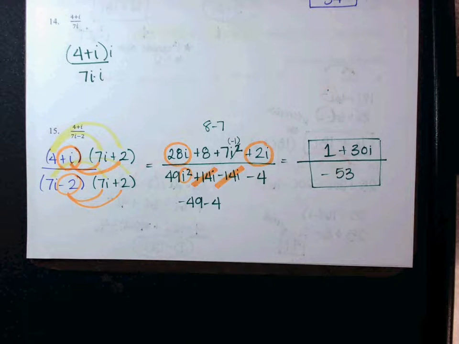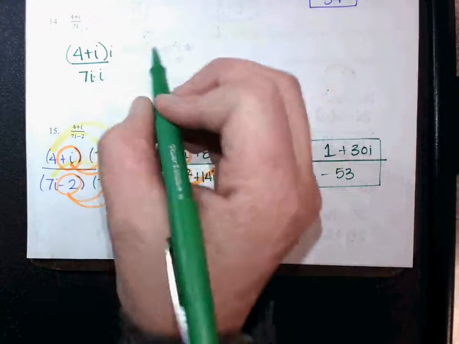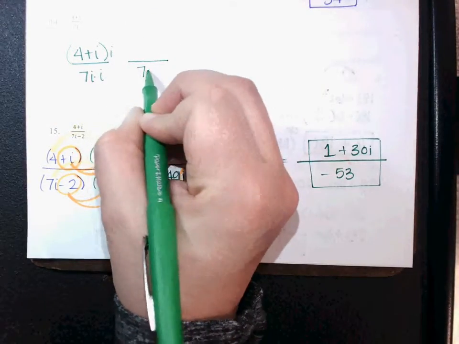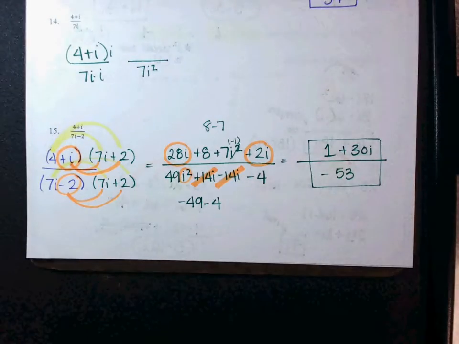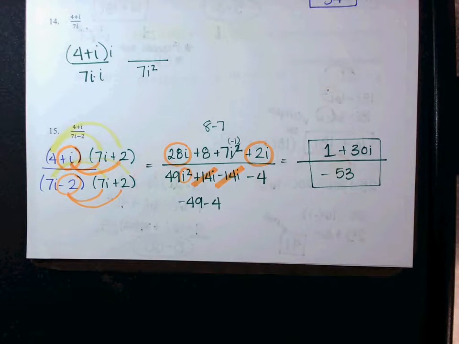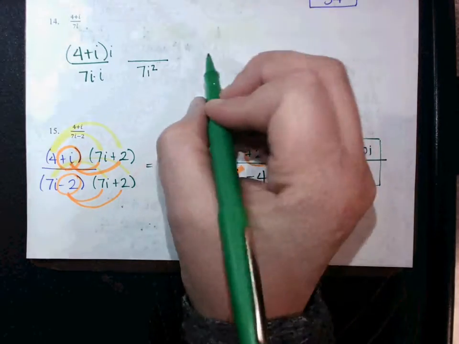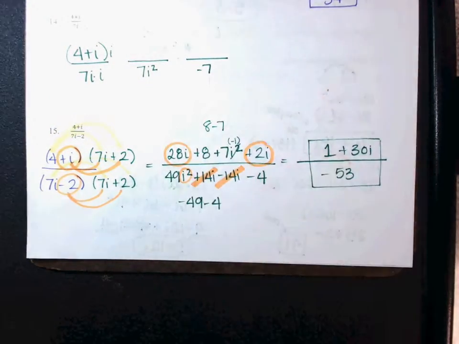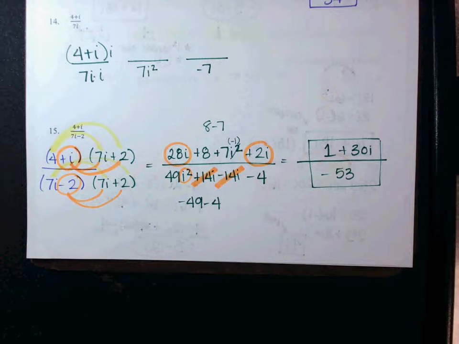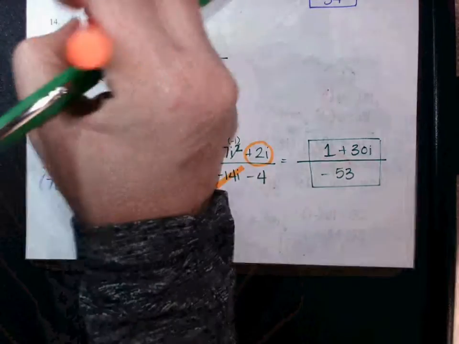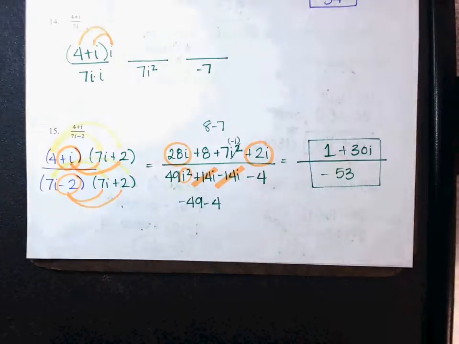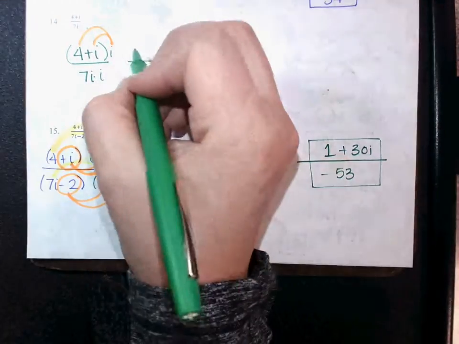Okay, now watch what happens. On bottom, what is 7i times i? 7i squared, but what's i squared the same as? Negative 1. So what's 7 times negative 1? Negative 7. Is the i going to be gone off the bottom? Yes. Now, we still have to do the top. So we're going to distribute. What is i times 4? 4i.